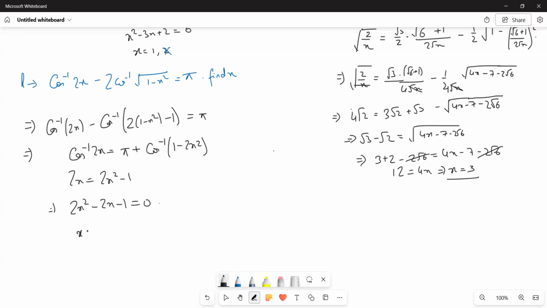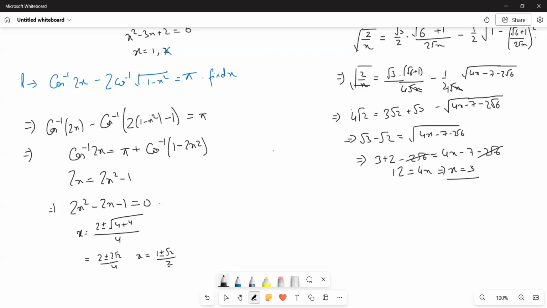I guess here we have to use the formula. So x would be 2 plus minus root over of 4 plus 4, whole divided by 4. So 2 plus minus 2 root 2 by 4. So x is 1 plus minus root 2 by 2.